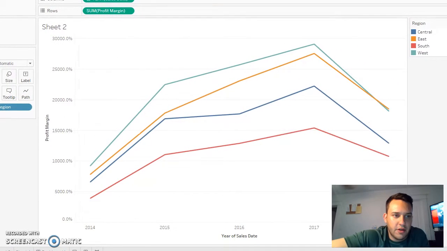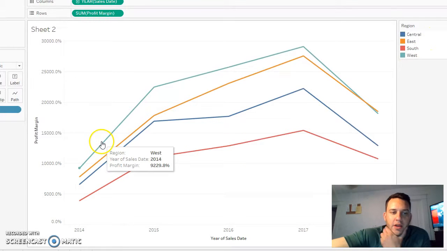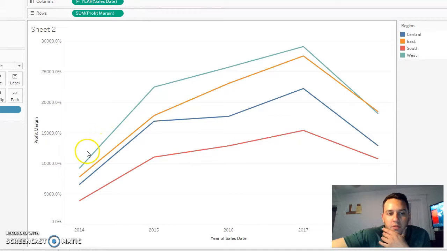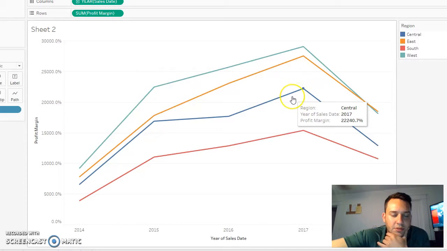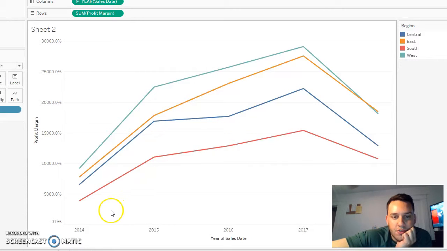I have my regions over here. We can see the West is obviously our most profitable region, then the East, and so on, South, Central. Not only does it show you which regions are more profitable, but it also shows you the timeline.